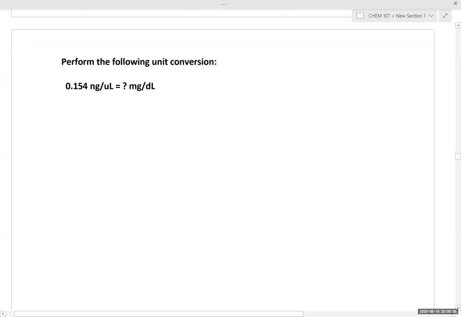So let's try to perform the following unit conversion. We're going from nanograms per microliter to milligrams per deciliter. So I'll give everyone about 4 to 5 minutes to work on this conversion, and then we'll discuss momentarily.